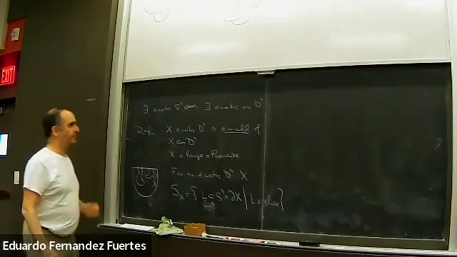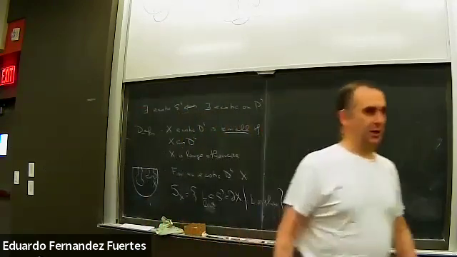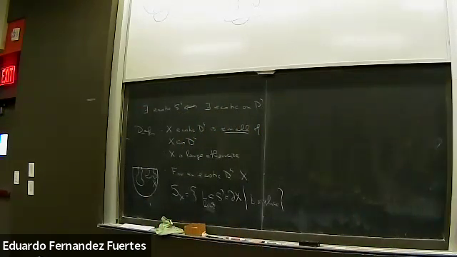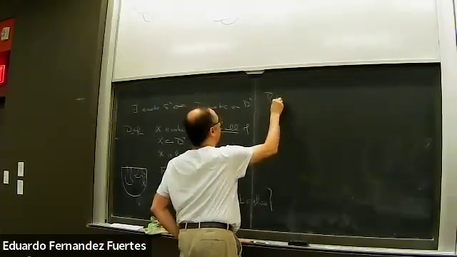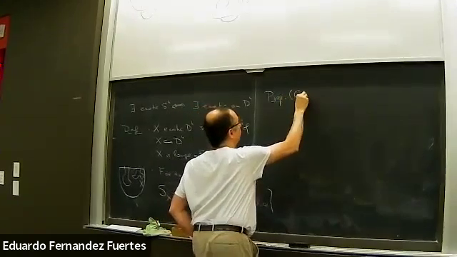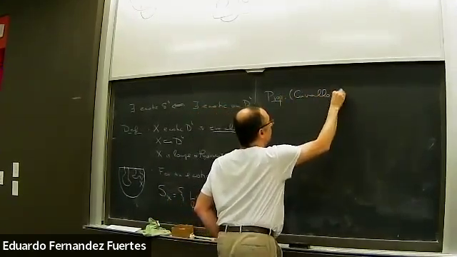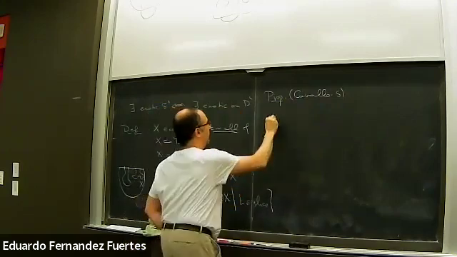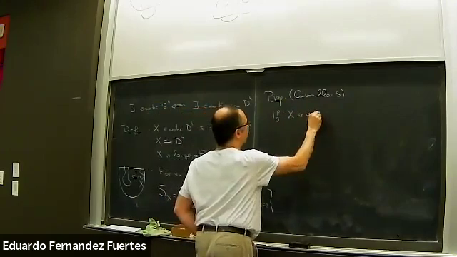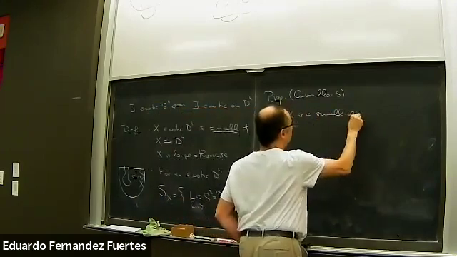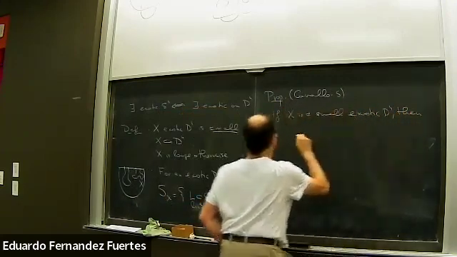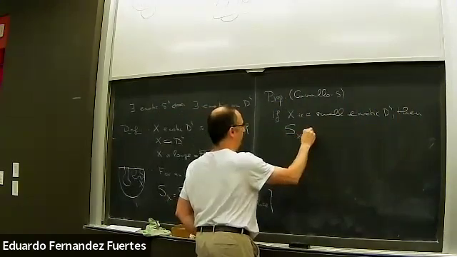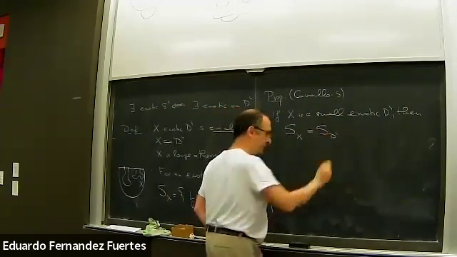Okay, so here is the first statement. This is a simple observation, so let's call it a proposition. We found it with Alberto Cavallo, a former student, saying that if X is a small exotic D4, then this set of links is the same as for D4.